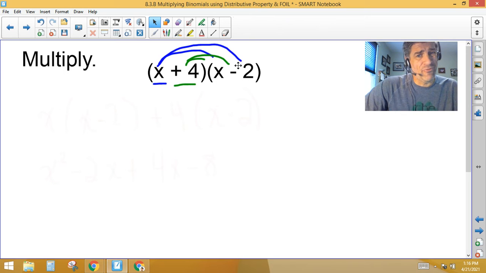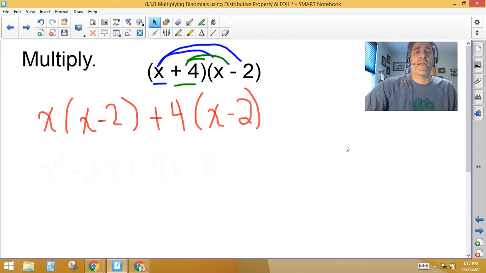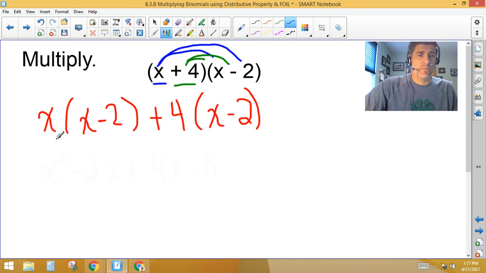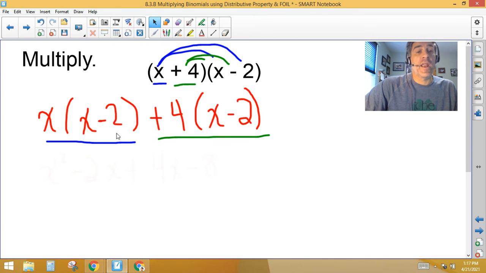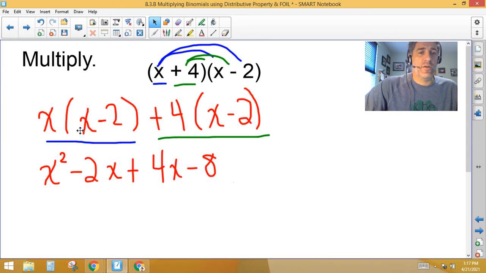If I expand it out a little bit, x times my x minus 2, this is my blue line, just to be clear. Then my green lines, when I distribute my positive 4 to x minus 2, give me that. Then I end up getting x squared minus 2x plus 4x minus 8.